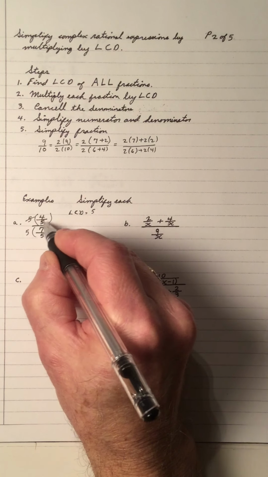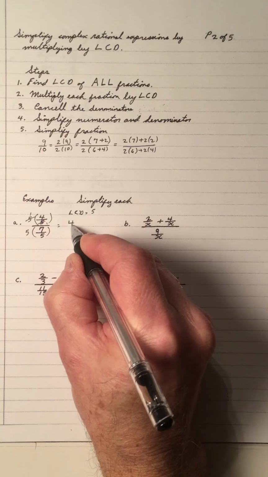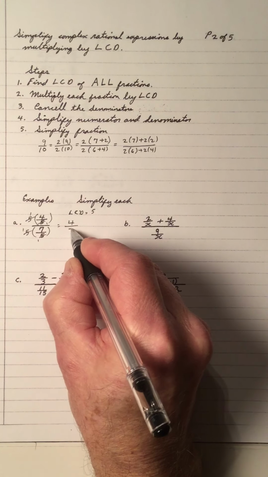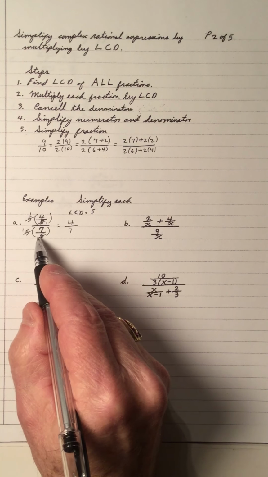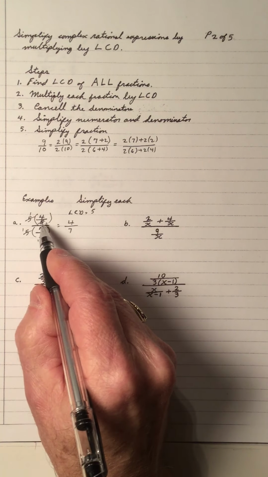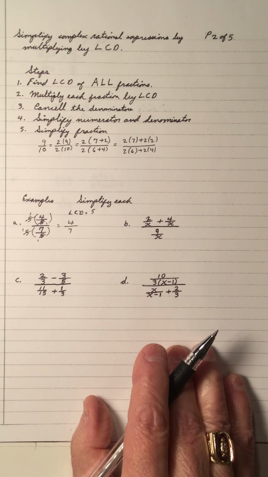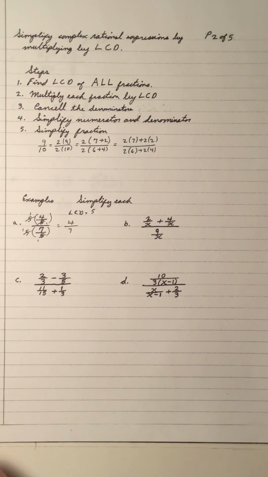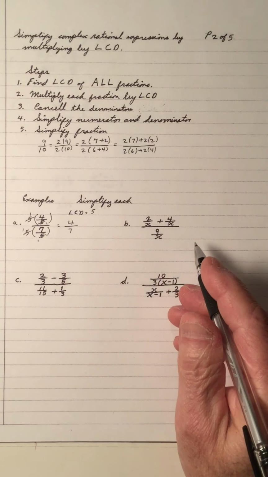So we can cancel the 5's, 1 and 1, and that will give us 1 times 1 is 4. Cancel the 5's, we get 1 and 1, and we get a 7. So notice, when we multiply the numerators and denominators by the LCD, all the denominators should cancel. Very similar to when we solve equations. We found the LCD and we multiplied every fraction by the LCD. So what happened? All the denominators cancel.